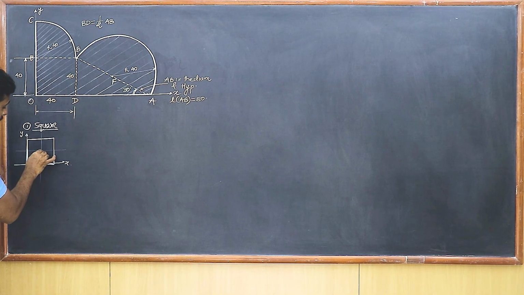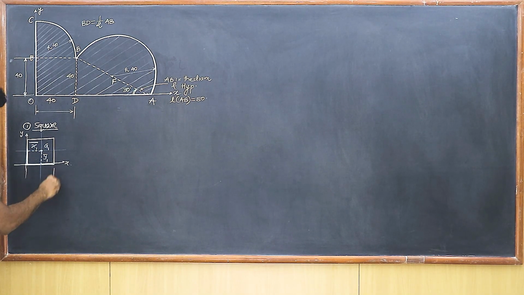The lines of symmetry are going to get intersected at the centroid. Let us call it as G1. So the horizontal distance is going to be x1 bar and the vertical distance is going to be y1 bar, isn't it? I know that the dimension is 40 over here. So this length I know is 40. So I mark here 40, and I know that this vertical distance is also 40 because it is a square.